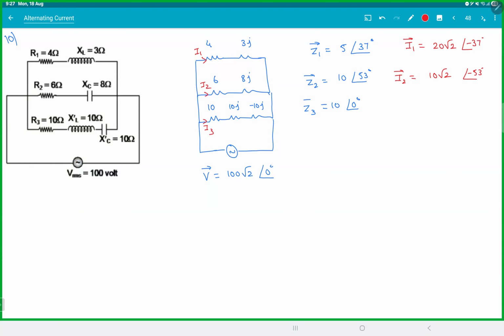I think I goofed up something. This is minus 8J, so this is minus 53. So this is 53. So I3 bar is 10 root 2, 0 degrees. Then I got current in each branch. You want it as a function of time t, you know how to write that.